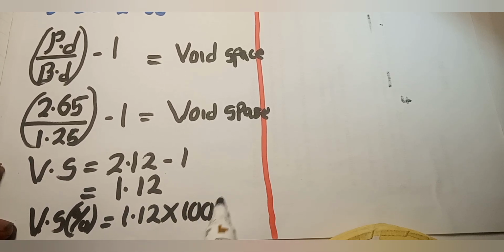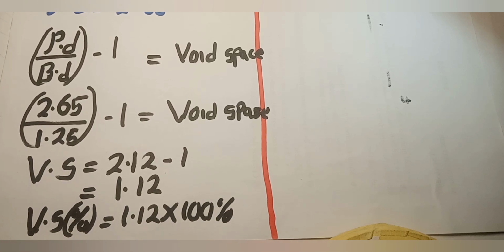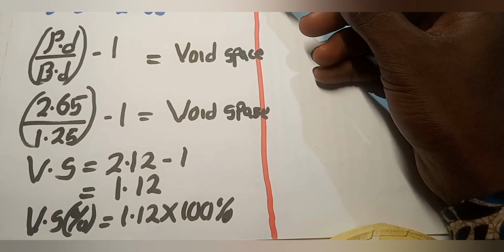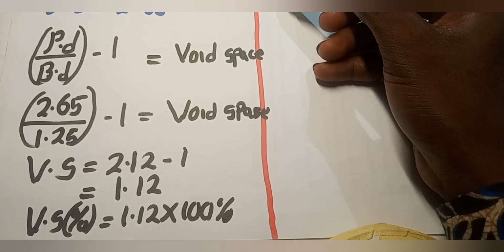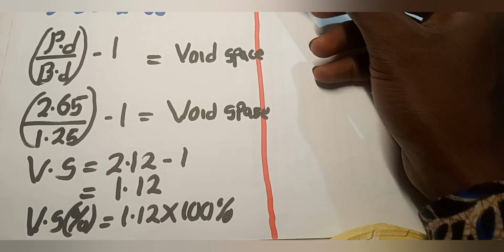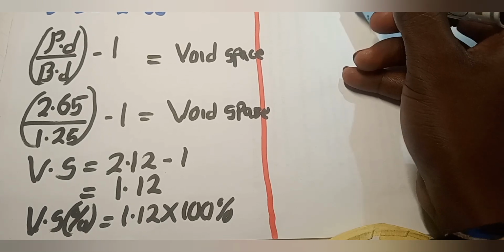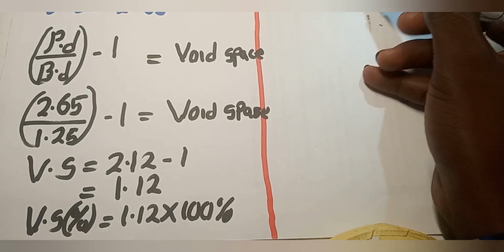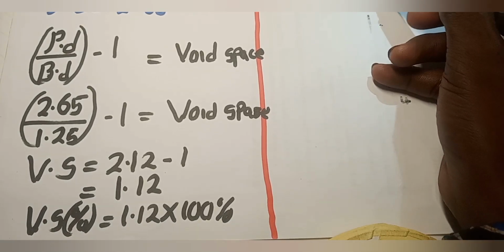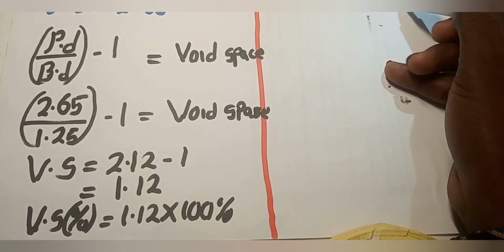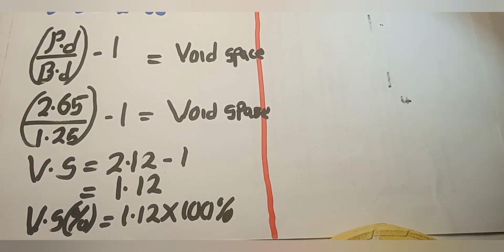The void space is 1.12 multiplied by 100%, which gives me 112%. So the void space is 112%.